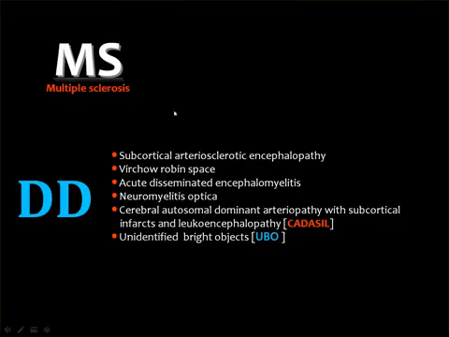Then we have lesions or diseases that can produce plaques or abnormalities in the periventricular white matter and should be differentiated from the MS. Number one is the subcortical arteriosclerotic encephalopathy, prominent Virchow-Robin spaces, acute disseminated encephalomyelitis, neuromyelitis optica, and the CADASIL, which is cerebral autosomal dominant arteriopathy with subcortical infarcts and leukoencephalopathy.